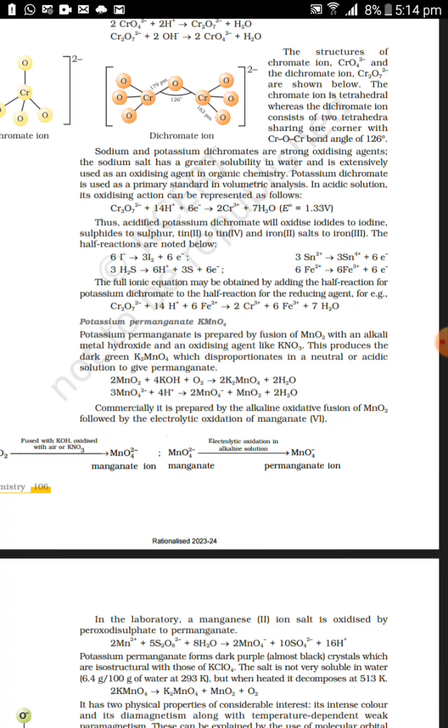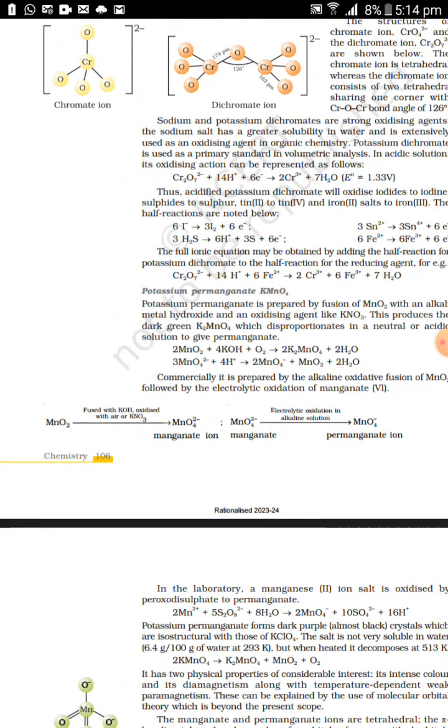This potassium manganate in acidic medium will give you permanganate. So this is the chemical way we can prepare the permanganate ion, but we can also prepare it from the manganate ion, and by electrolytic oxidation we can convert the manganate ion to permanganate ion. So it's a simple one. You need not worry.